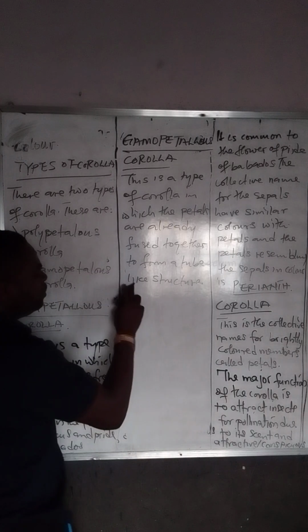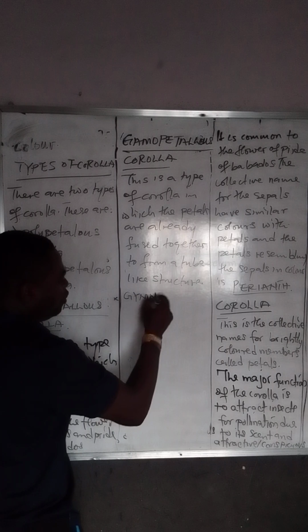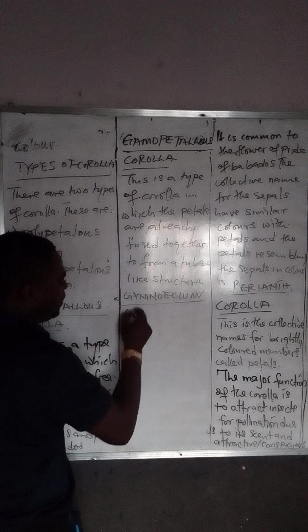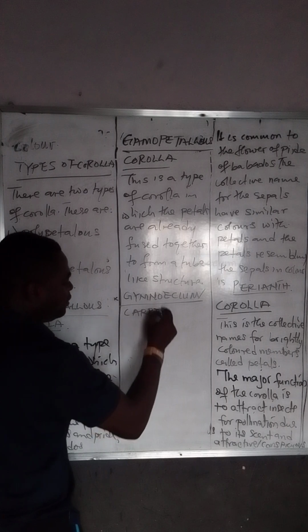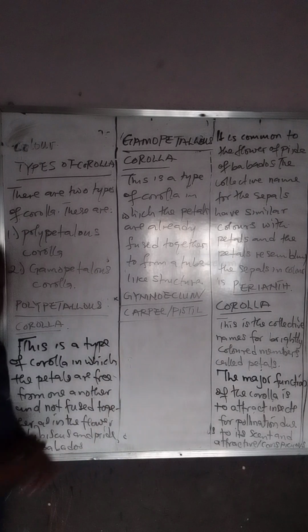So we can now go to the female reproductive structure, which is gynoecium. Gynoecium, which is also known as carpel or pistil.